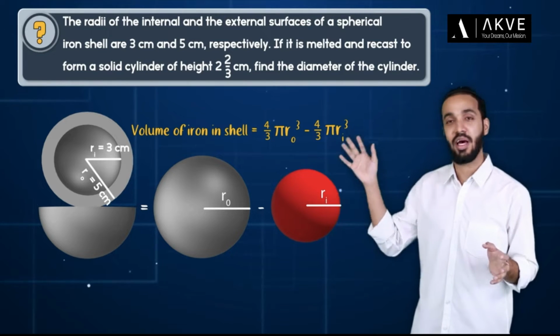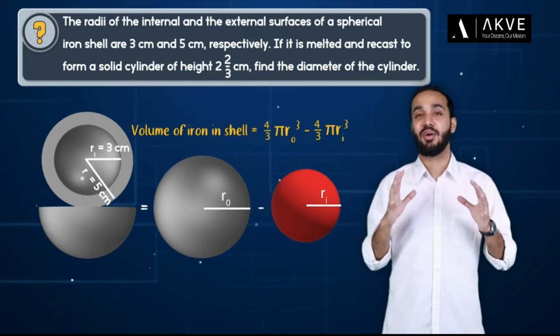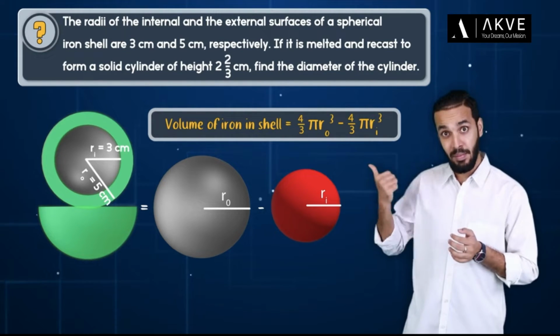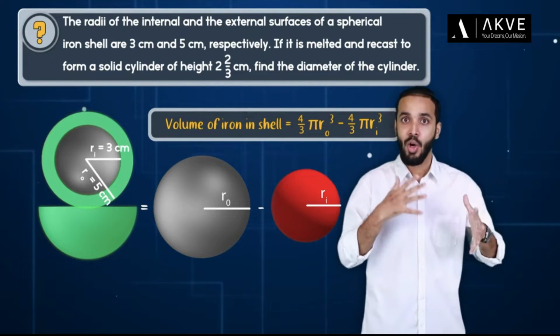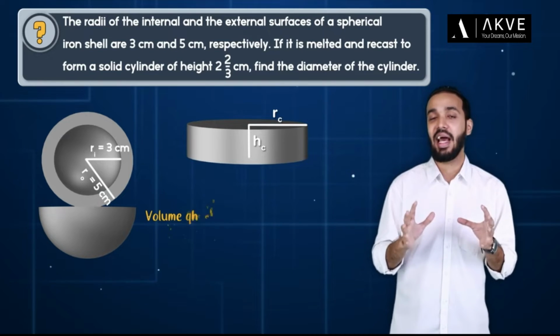Once both these volumes are known, we can subtract them and the difference will give us the volume of iron that makes up this spherical shell. Make sense?